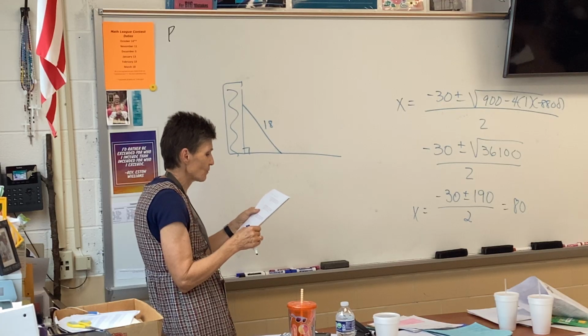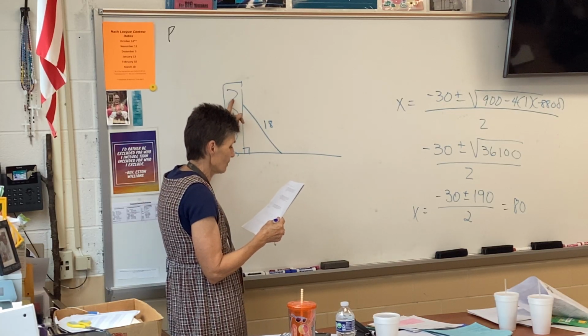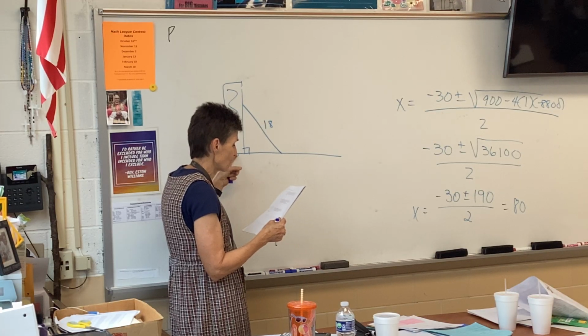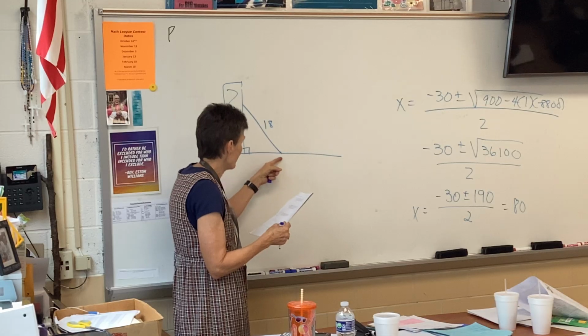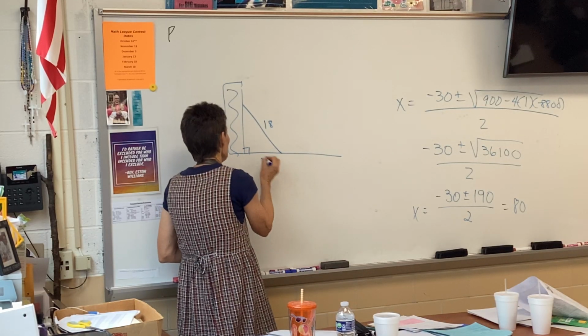The distance from the ground to the top of the ladder is 5 feet more than the distance from the building to the base of the ladder. So what did you think about? 5 plus x. Perfect, Jimmy.